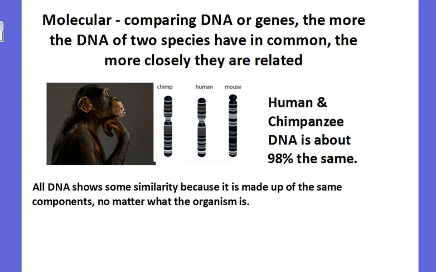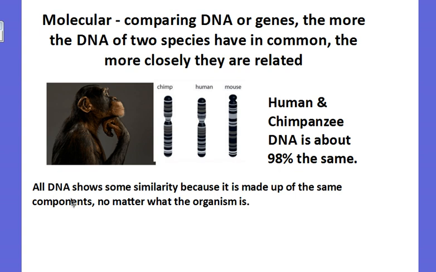But when we look here, we've got chimpanzee DNA and human DNA, they're 98% the same. So there is a huge amount of similarity between human DNA and chimpanzee DNA. Human DNA and mouse DNA, you can look here, they're not so similar. Okay, so again, we're more closely related to chimpanzees than we are to mice.